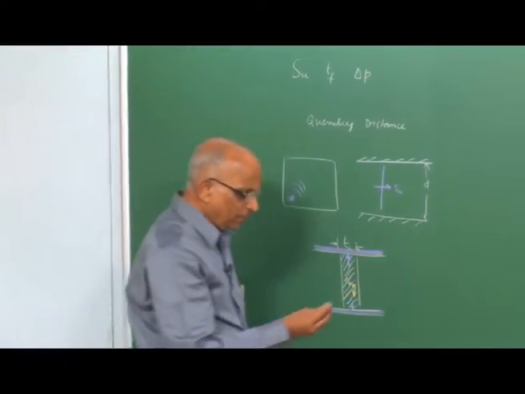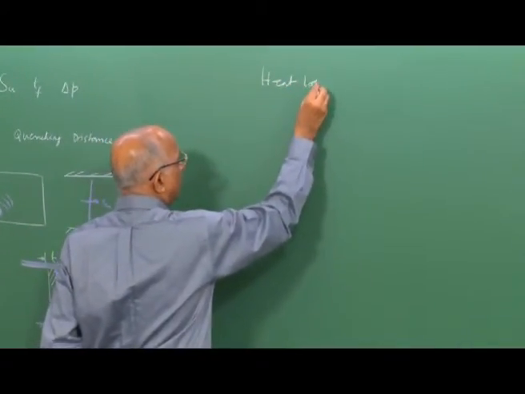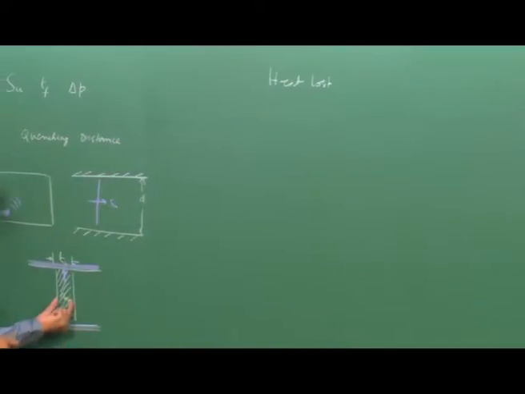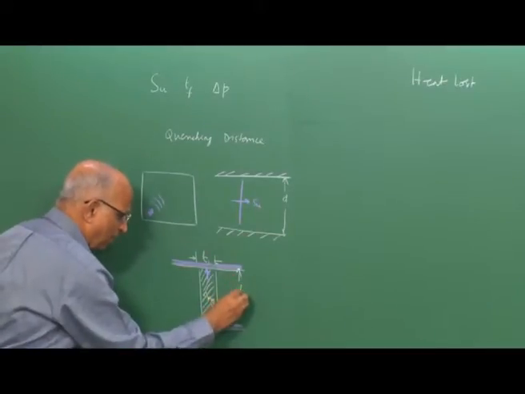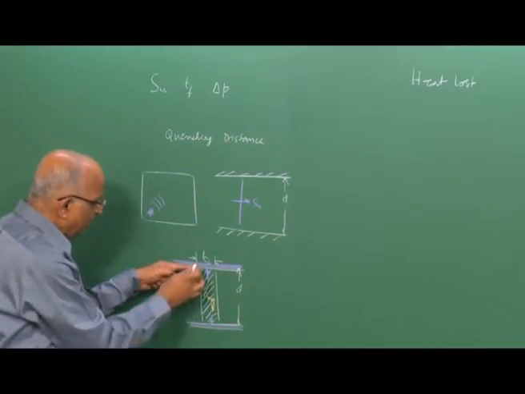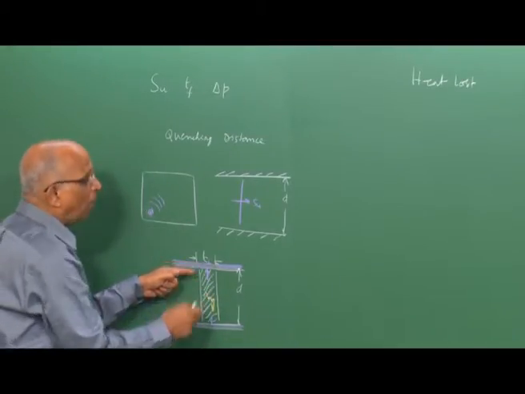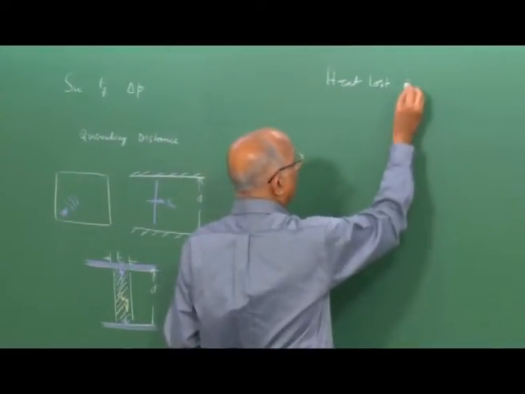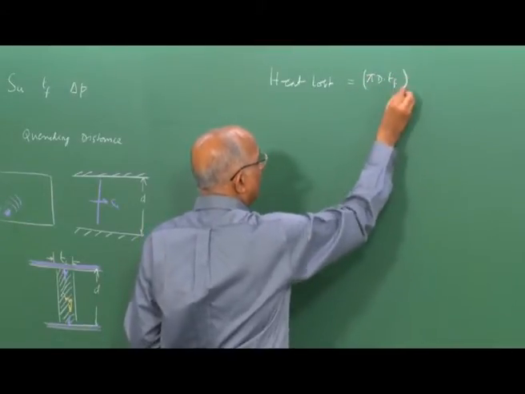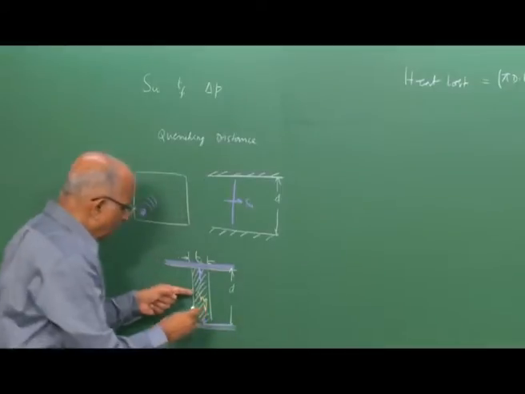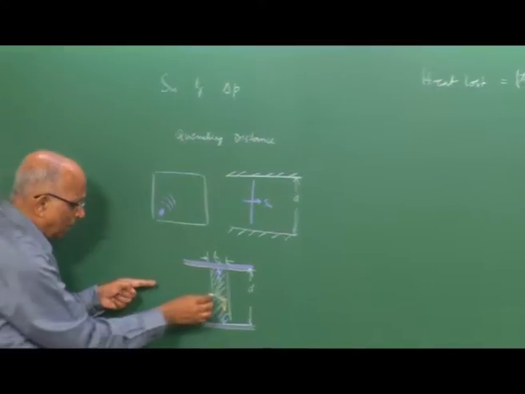Therefore, let us write the expression. We say, well, the heat lost from the flame zone to the wall, well, the thickness is TF. Let us initially assume, well, the diameter is d, as I have put over here. Well, the perimeter is pi d, into the area of contact between the flame and the wall, which is equal to the perimeter into the thickness, which is pi d into TF, which is the area, and h into, let us presume that maybe the temperature distribution is such that the walls are cool, the thing is hot here.